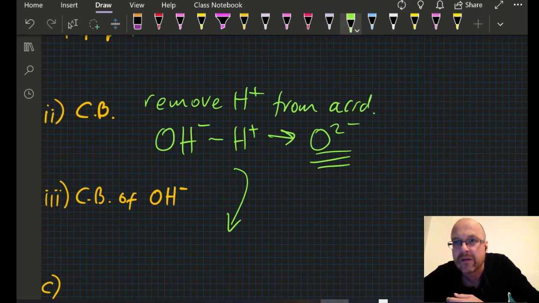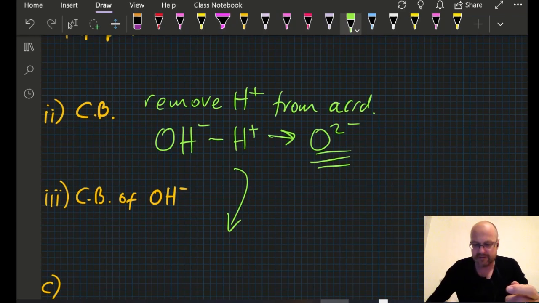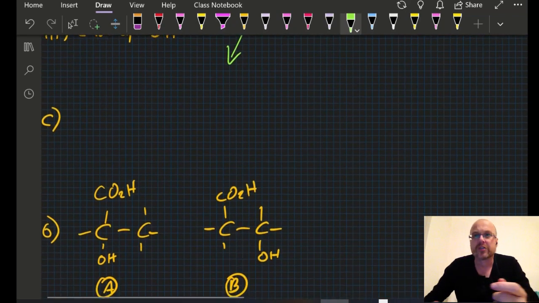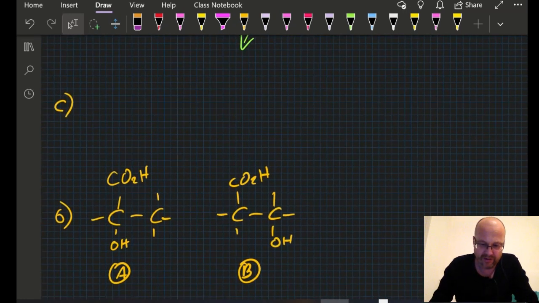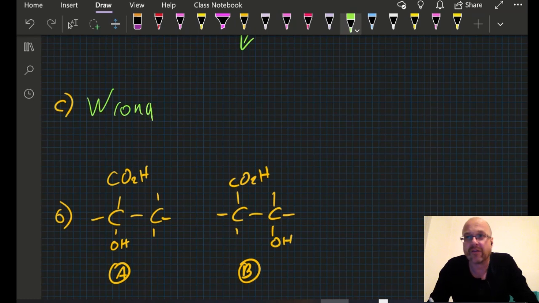Next up, C. A student working in the laboratory classified nitric acid as acids based on their pH. All acids contain oxygen and hydrogen. Evaluate this hypothesis. Well, no, that's wrong. The hypothesis is wrong because I can think of some acids that don't contain oxygen.